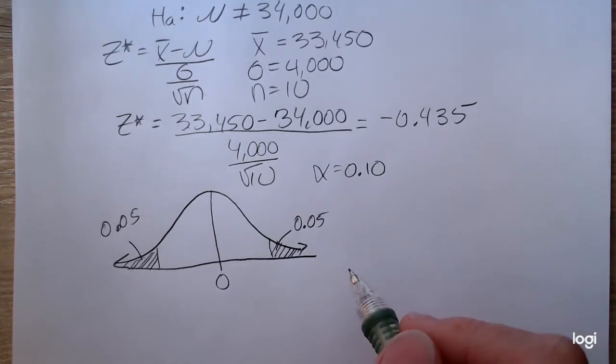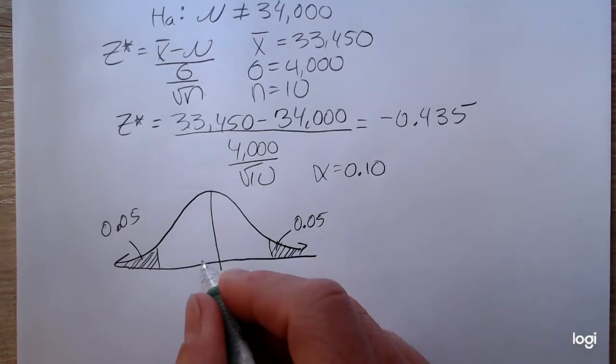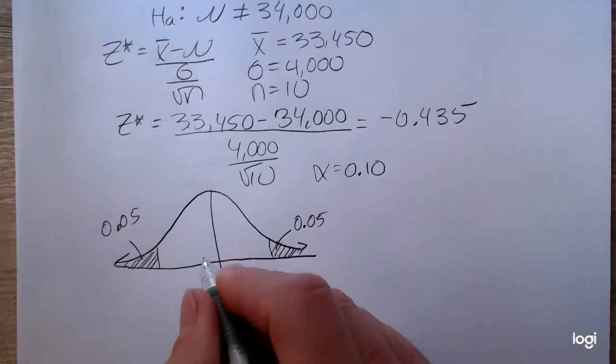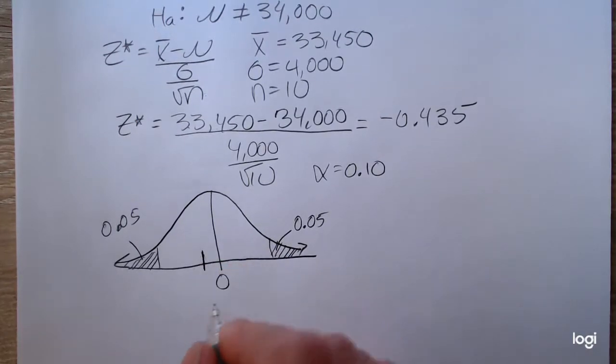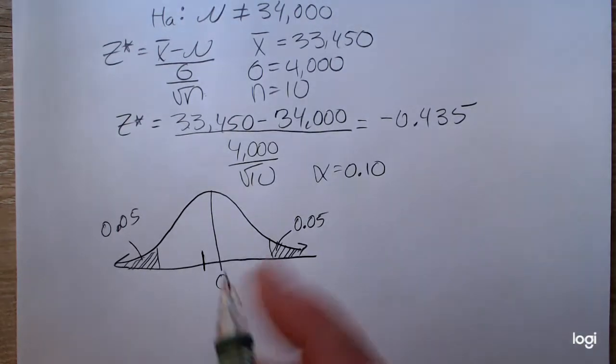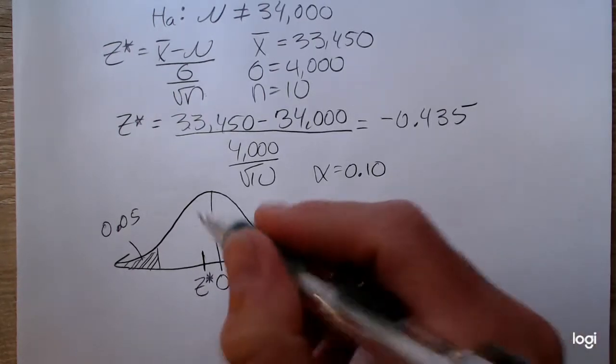So I need to find the area that corresponds to our standardized test statistic. The test statistic is reasonably close to 0, so I know just by looking at it, my decision will be to fail to reject the null. But to know for sure, let's find the p-value.